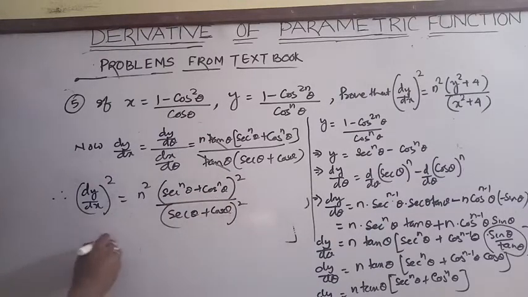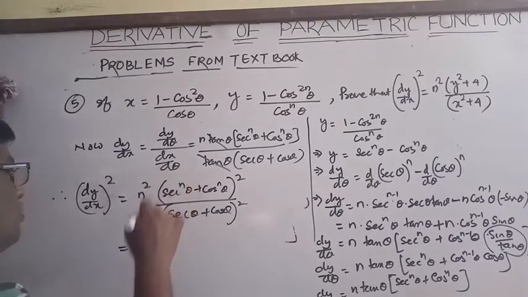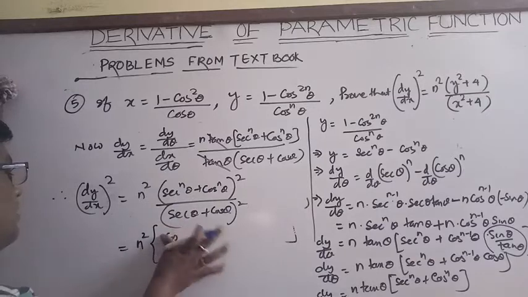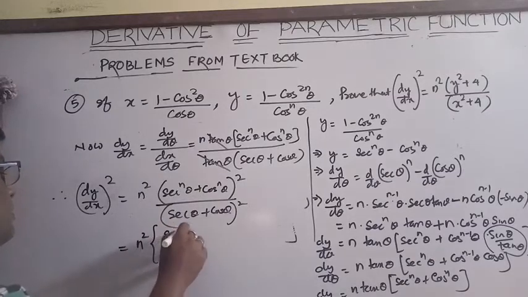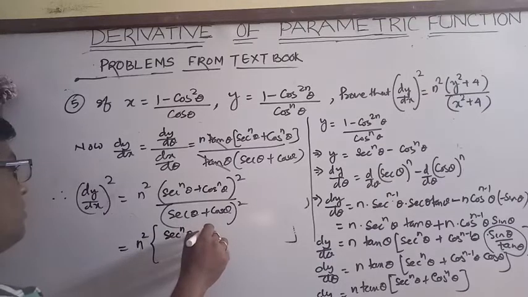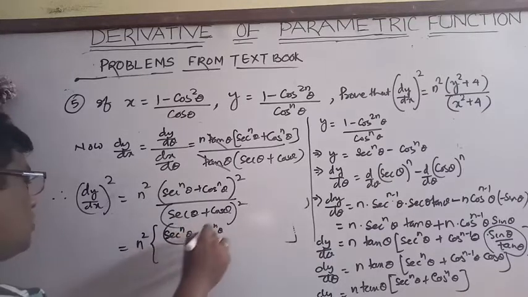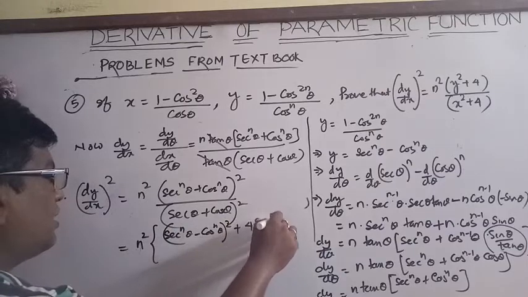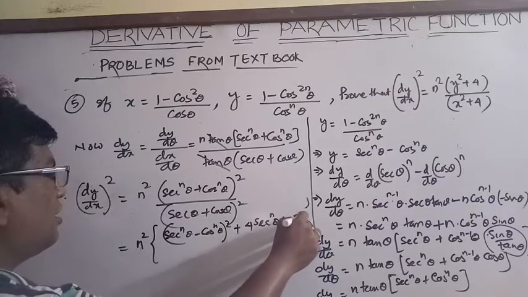So this is equal to what? n square. (a plus b) whole square is equal to (a minus b) whole square plus 4ab. So this is (sec n theta minus cos n theta) whole square plus 4 sec n theta into cos n theta.